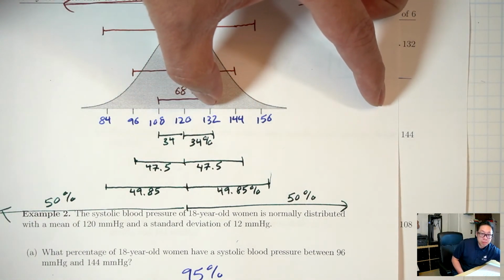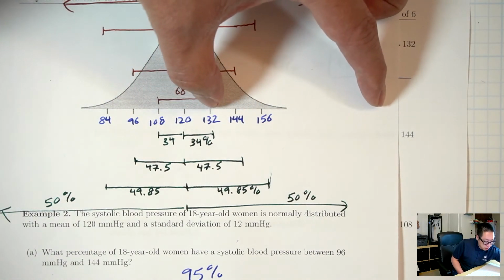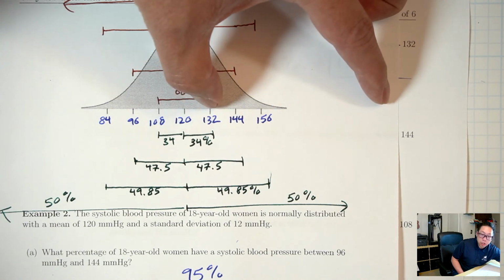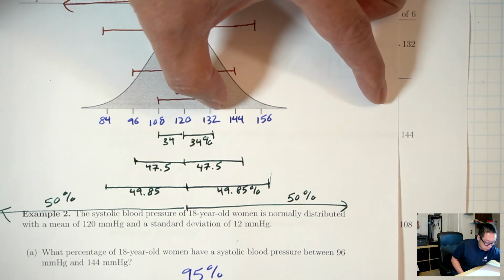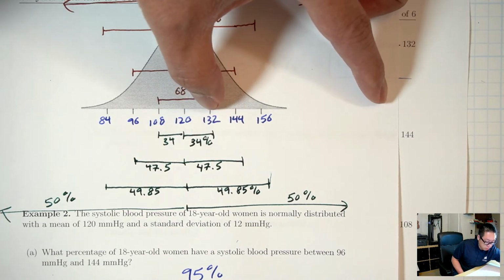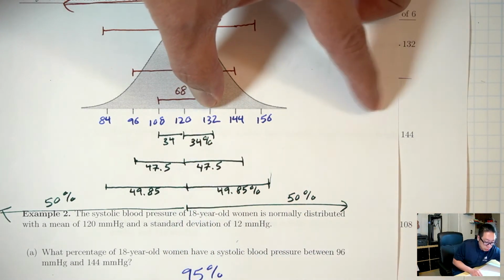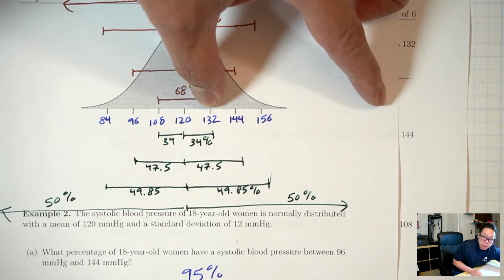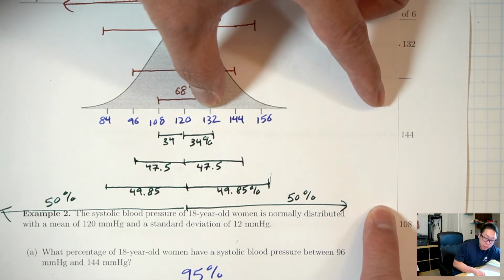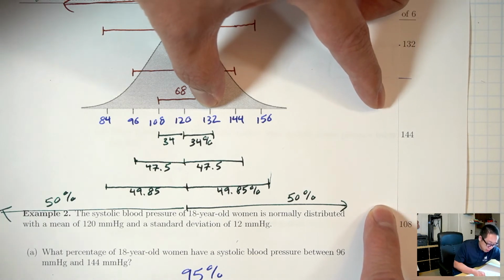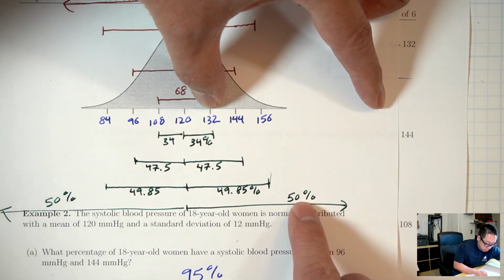So I want this piece. Look at where these two edges are touching. The 132 is touching the 34. The right side is touching the 50%. So that's telling me that my answer is going to involve the 50% and the 34%.